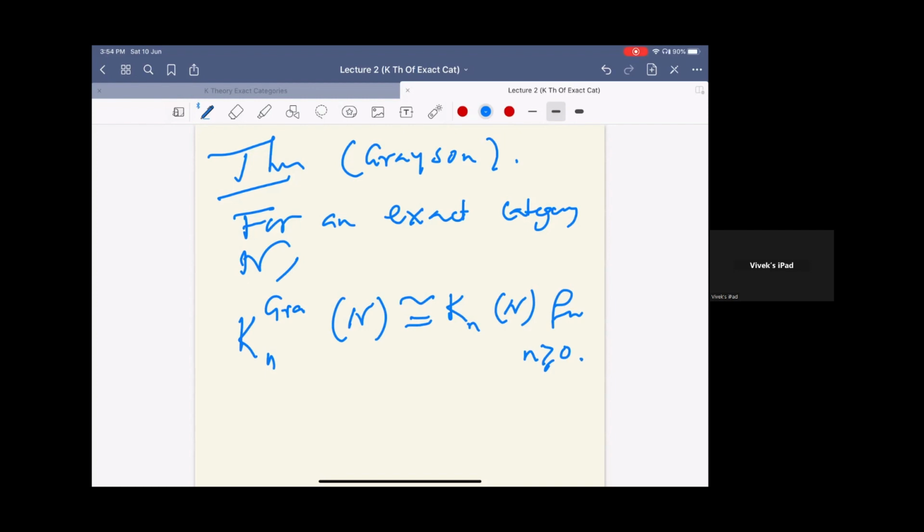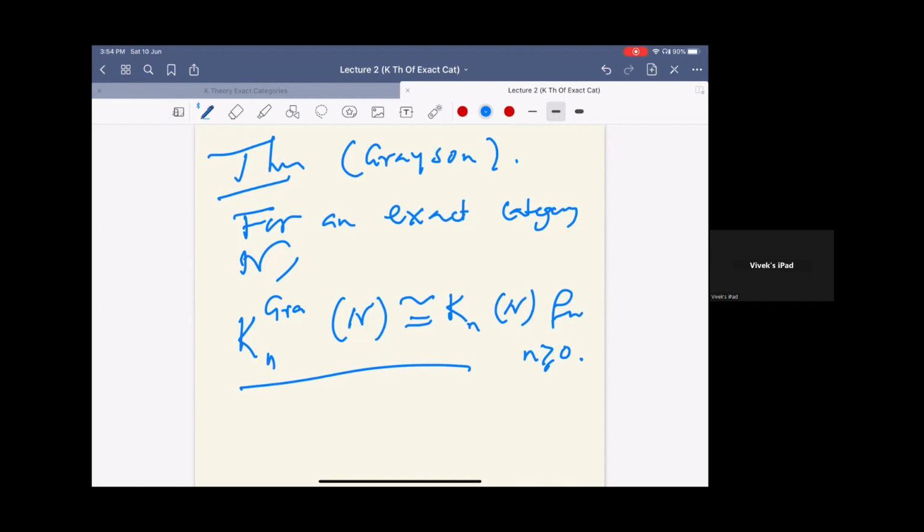And what is the advantage of Grayson's definition? It is totally algebraic. There is no homotopy theory. In the proof of this theorem there is a lot of homotopy theory, but in the end, in the calculation of the K groups, there is no homotopy involved. It's totally algebraic and totally formal. So you can think of Grayson's K groups as a quotient of a quotient group.